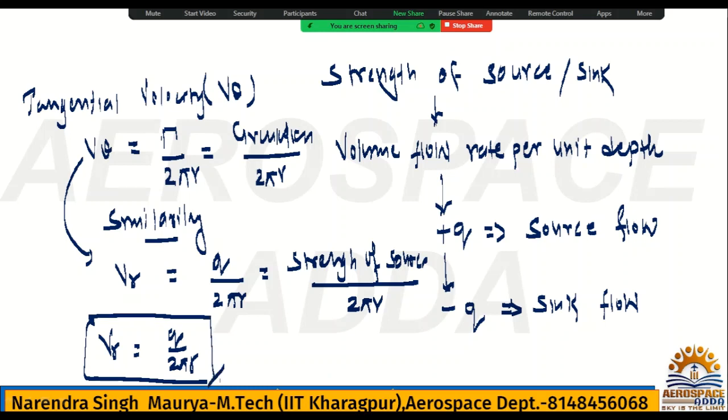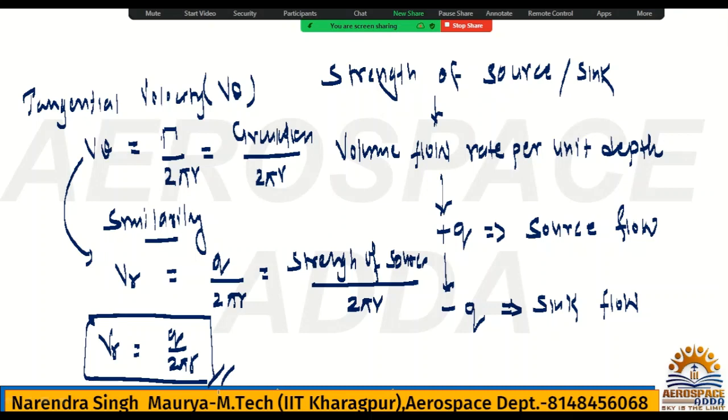Understood? If there is a tangential flow like a vortex, then you write V theta, which is circulation upon 2 pi r. But if there is radial flow, like a source and sink, then you write Vr, which is Q upon 2 pi r. That's all.